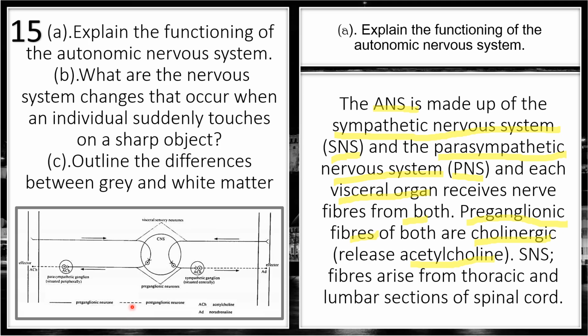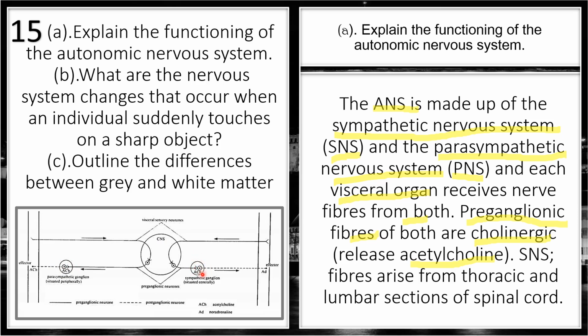Let's try to look here. Here we have the parasympathetic, and here we have the sympathetic. This is a ganglion of the parasympathetic, and this is a ganglion of the sympathetic.